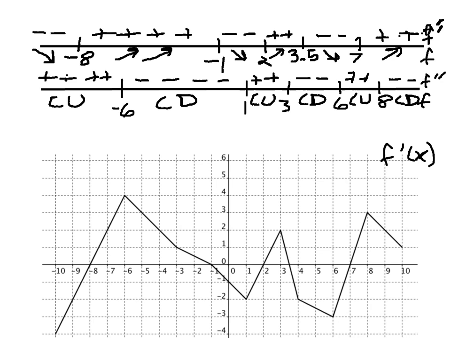On an interval on which a function is decreasing and concave up, I know that it's going to look like this, something like that. Then it becomes increasing, concave up, then increasing, concave down. Then here I have decreasing, concave down, decreasing, concave up.